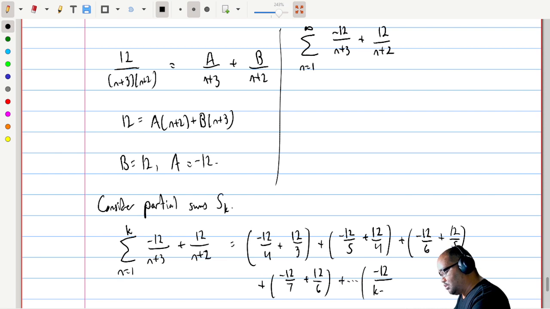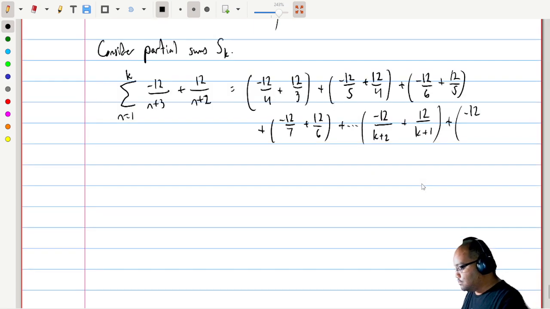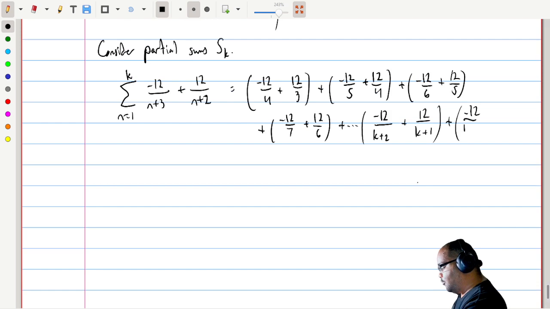For the k minus 1 stage, you'll have terms with k plus 2 and k plus 1, over k plus 3, plus 12 over k plus 2. Which terms die? These here, these here, these here.